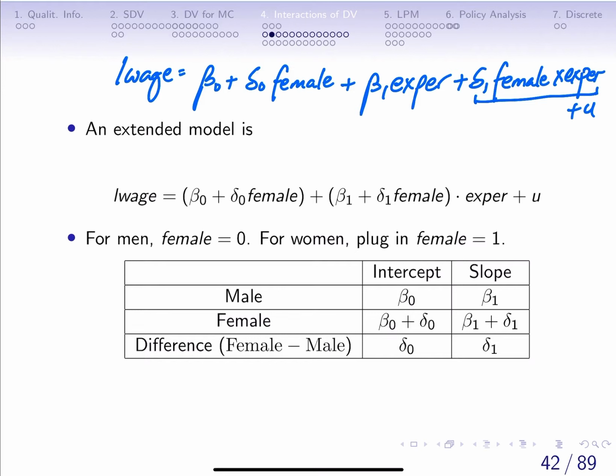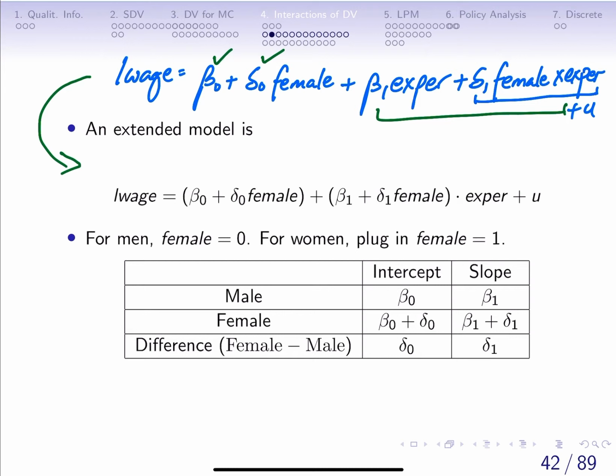We can rewrite this equation in a form where we club the intercepts for men and women. Beta naught was the intercept for men, delta naught was for women, and then we can take experience to be common and write the equation out this way.